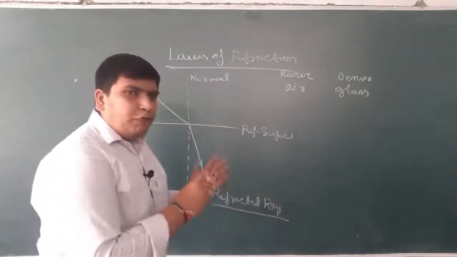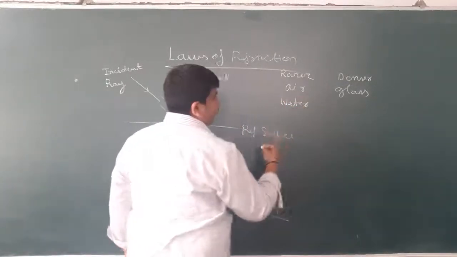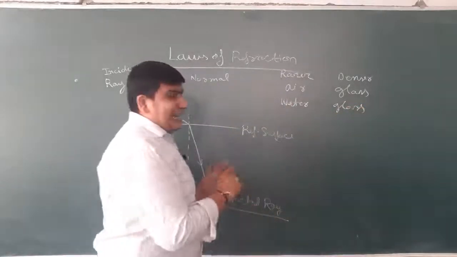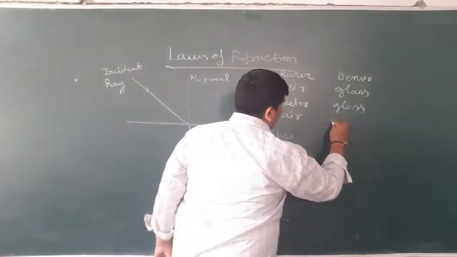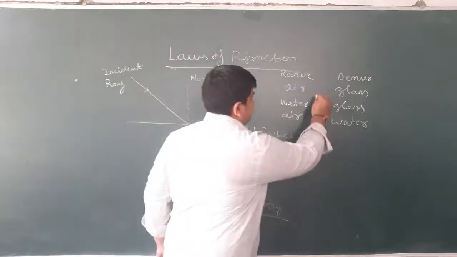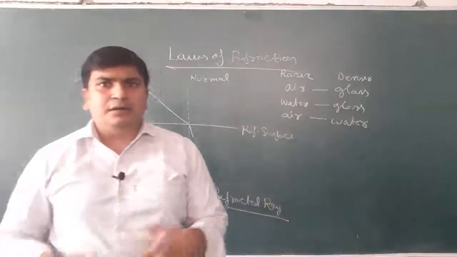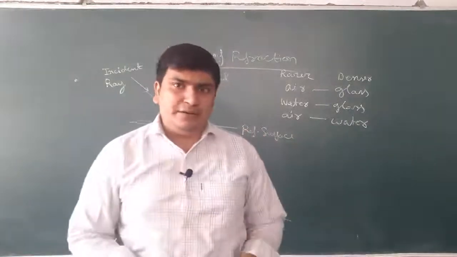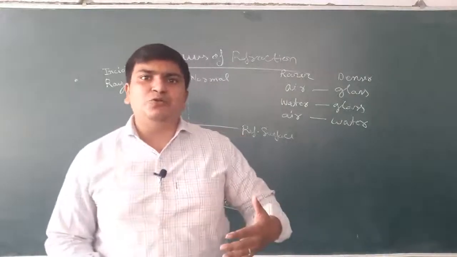But if we talk about water and glass, then water is the rarer medium with respect to glass. And if we talk about air and water, then air will be the rarer medium and water will be the denser medium. So what is happening over here? It means it is not absolutely correct to term any medium permanently rarer or permanently denser, because it always depends on the comparison with respect to the other medium.